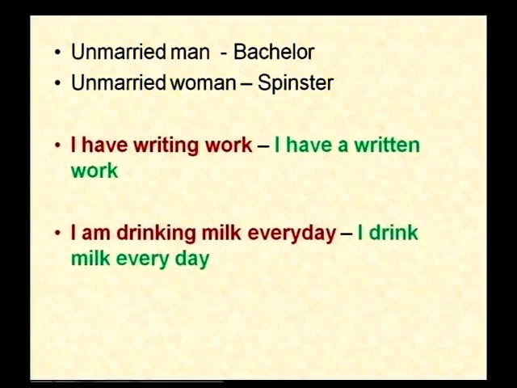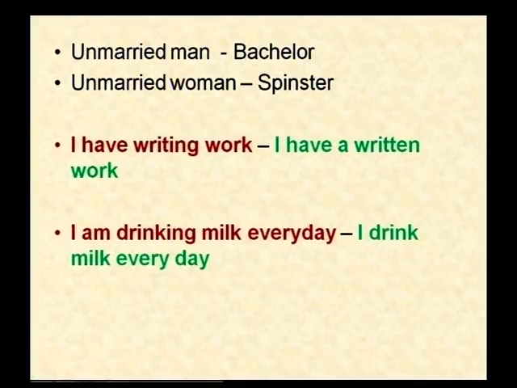Like the sun is rising in the east every day. Do we need to say that? It is a habitual activity, so you say the sun rises in the east. Similarly, every day you drink milk, so you should say I drink milk every day.